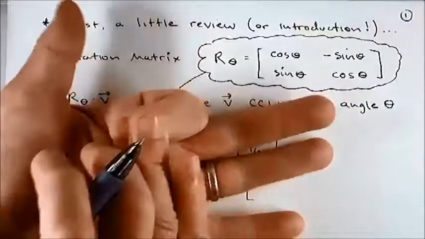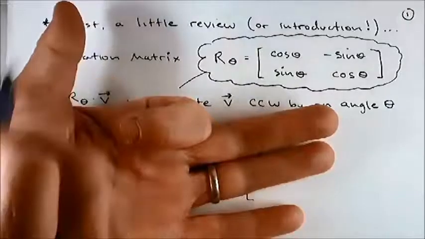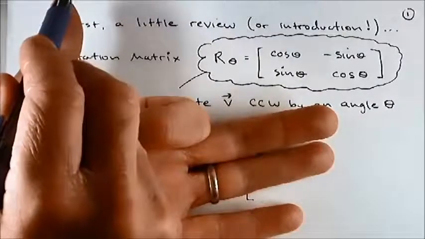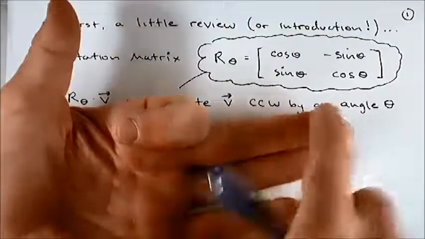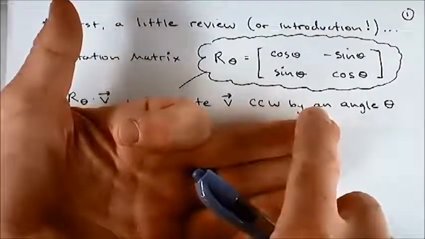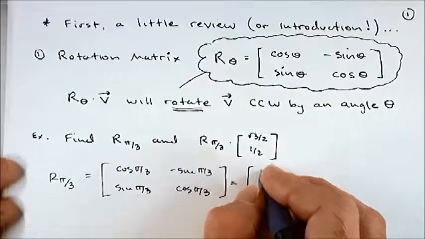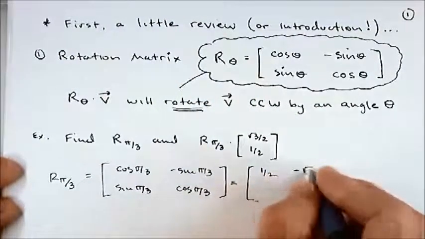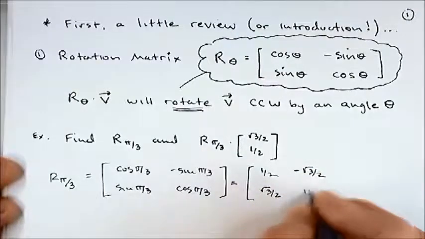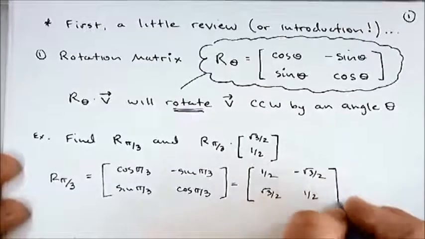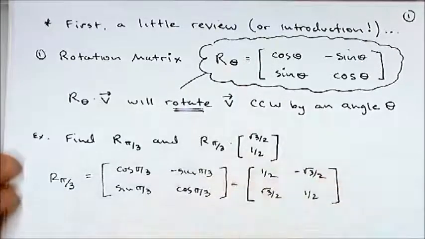If you put that one down, the cosine of pi over 3 is the square root of the fingers above, the square root of 1 over 2, which is 1/2. The sine of pi over 3 is the square root of the fingers below, square root of 3 over 2. So this becomes 1/2, negative root 3 over 2, root 3 over 2, 1/2. Or use the unit circle or the triangles, whatever you use to find those values.